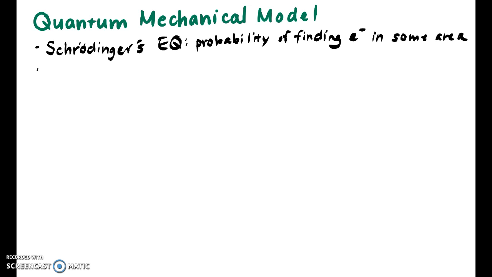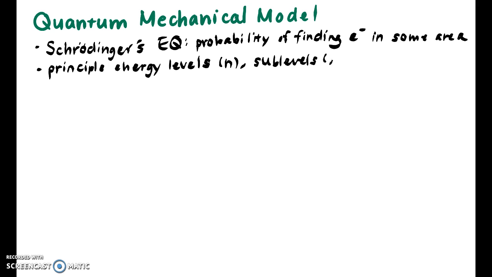We also have what are called principal energy levels, which is basically where we'll find more or fewer electrons. Principal energy levels, call them n. And then we have sublevels, l. So principal energy levels tell us their basic distance from the nucleus.